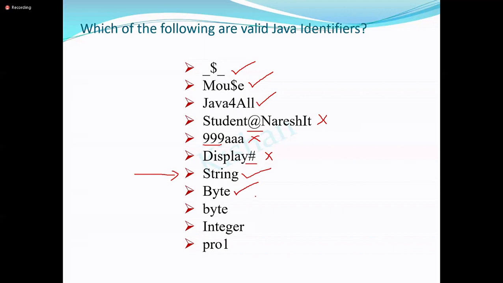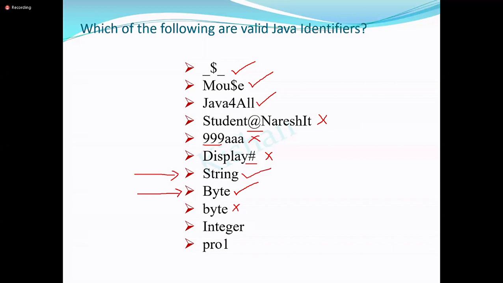Sir, but you told that all Java language keywords are invalid. Yes, but this is not a keyword, guys. This is a class. To be precise, wrapper class. It is not a keyword. What about second byte? This is a keyword. So this is not valid.